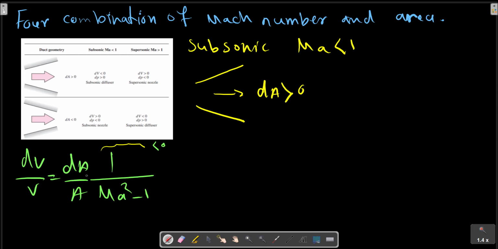So for dA greater than 0, we have dV smaller than 0, and it equals minus dP on rho V squared.